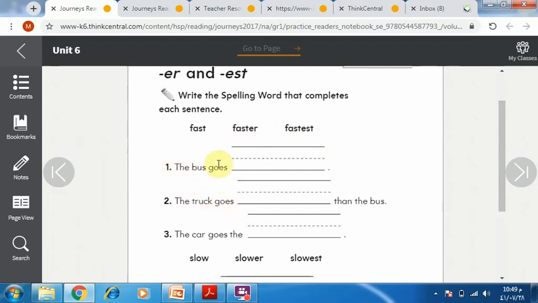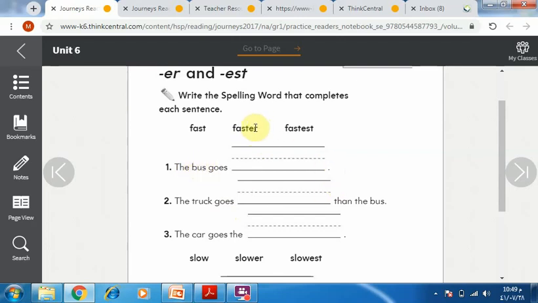The bus goes fast, faster, fastest. The correct answer is faster. What do you think? Is my answer correct? Not correct? Why? Yes, because I'm not comparing this bus with another bus.